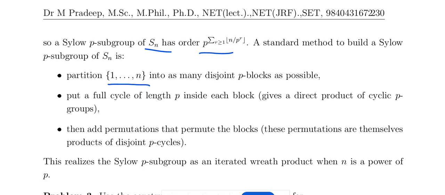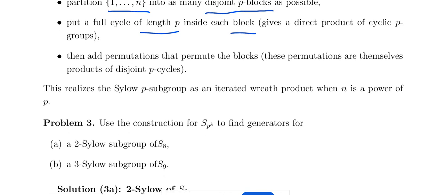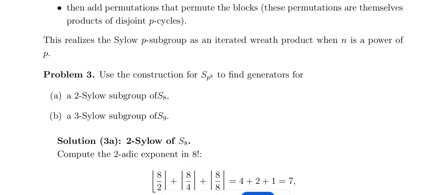First of all, partition 1 to n into as many disjoint p blocks as possible and take a full cycle of length p inside each block, and add permutations that permute the blocks. The Sylow p subgroup is an iterated product when n is a power of p.